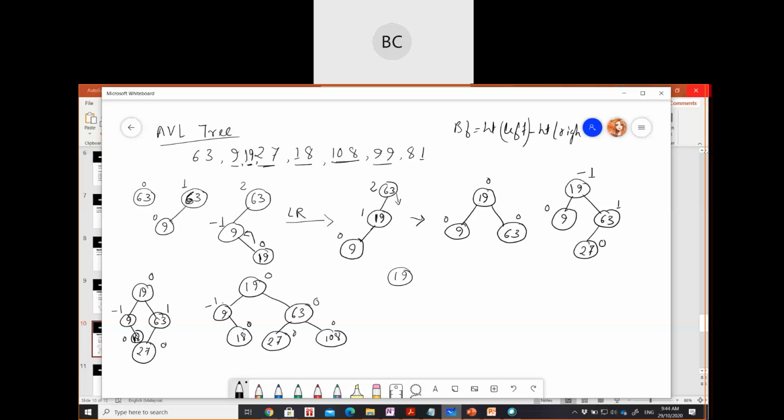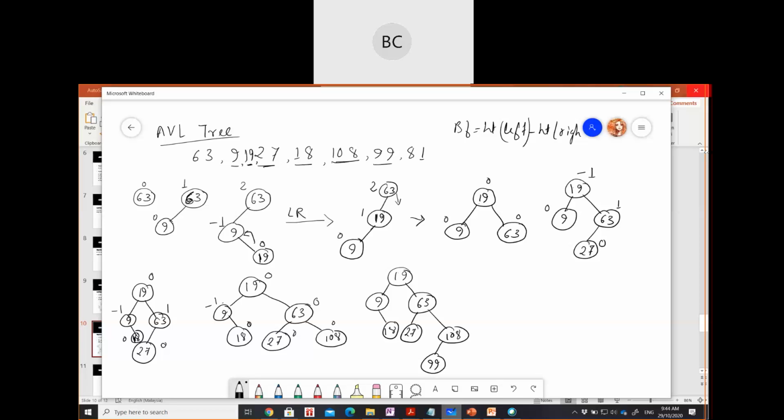So our next node is 99. 99 will go where? Left of 108, correct. So it will come here.